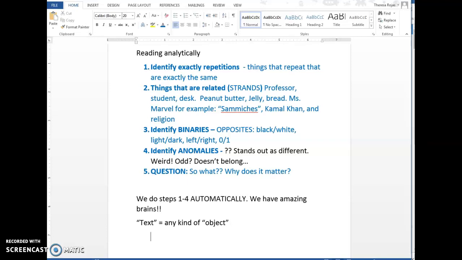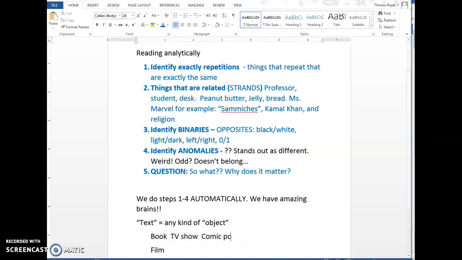So that can mean a book, it can mean a film, it can mean a TV show, it could be a comic, it could be something else that you would analyze. So when we say text, it doesn't necessarily have to be a book.